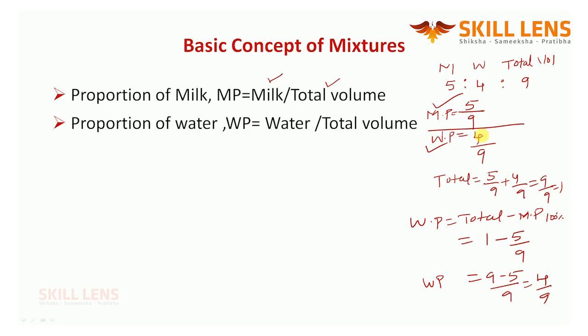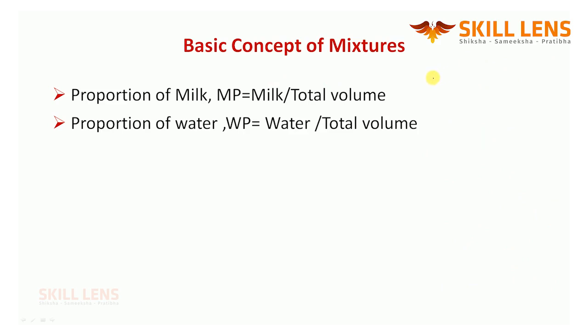So let me take you through another example. Guys, look here. To make everybody understand, milk is 2 liters and water is 3 liters. Can I say the total is going to be 5 liters? Yes. Because everybody knows, 2 by 5 is what percent? 40%. So can I say now the milk proportion is 40%?